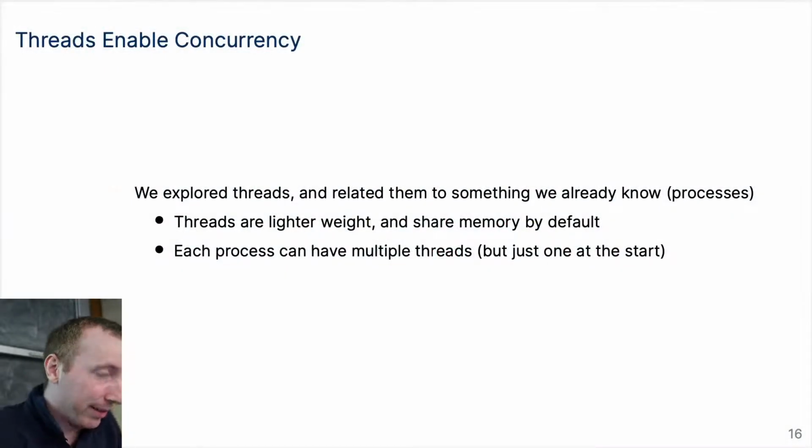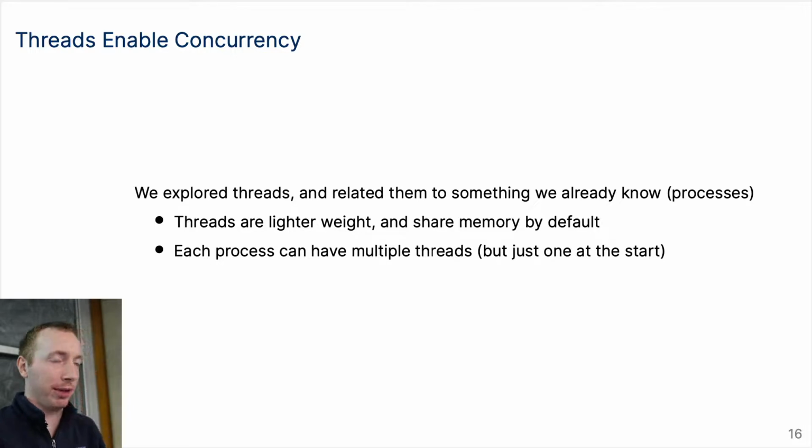To wrap up today, at least by default, threads enable concurrency, even user threads, which you'll be implementing, and we're going to talk more about threads next lecture. Now, pthreads also enable parallelization, but that's not true of every thread. It won't be true of yours, but threads enable concurrency.